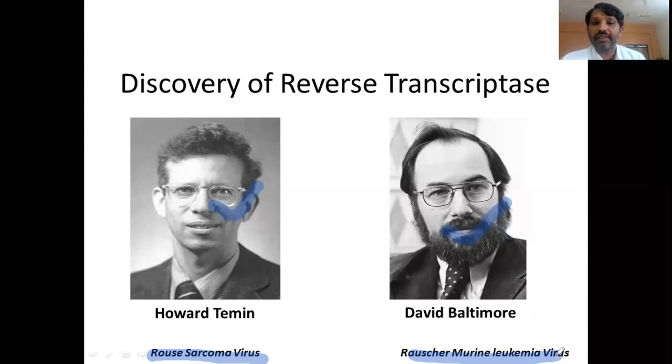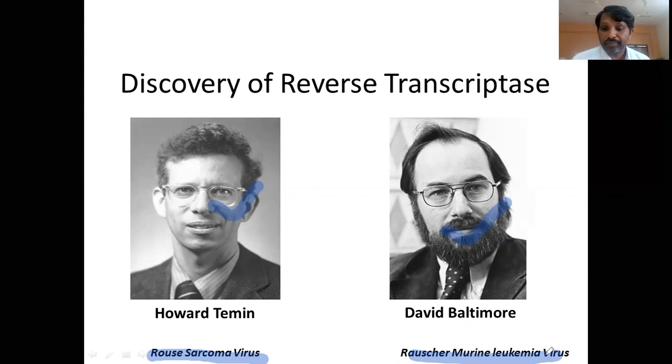Later on, they were awarded the Nobel Prize along with their teacher, Renato Dulbecco. Howard Temin, David Baltimore, and Dulbecco were awarded the Nobel Prize for understanding the impact of reverse transcriptase on cancer and molecular biology.